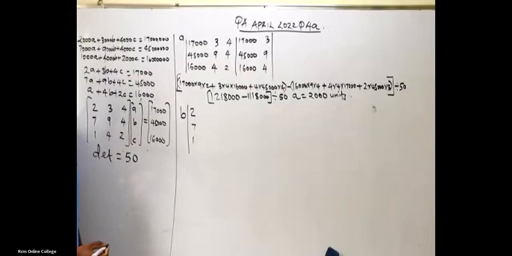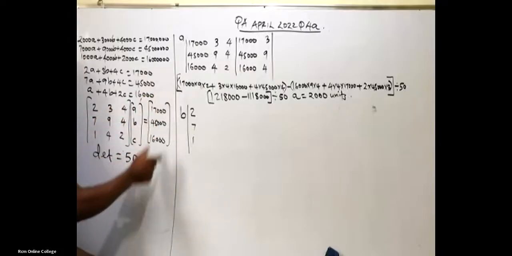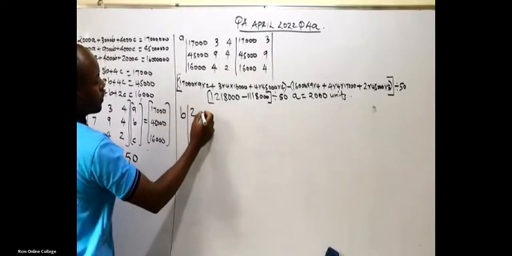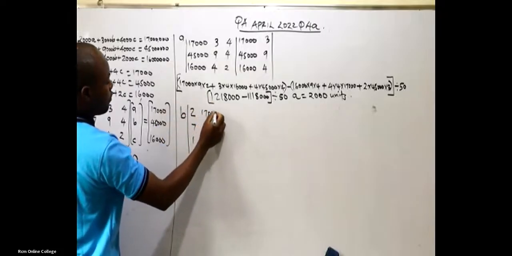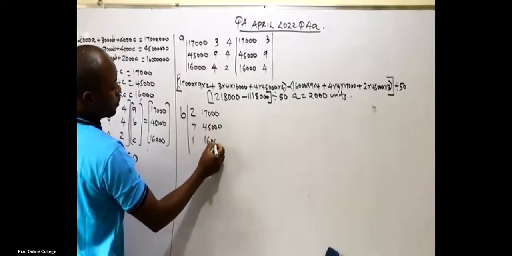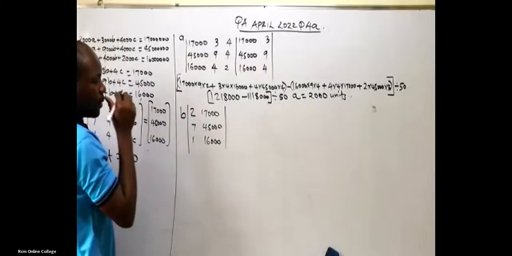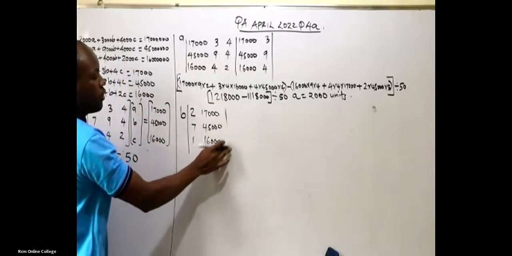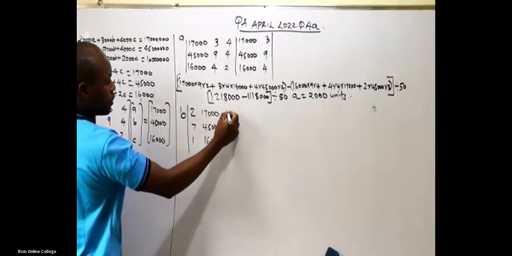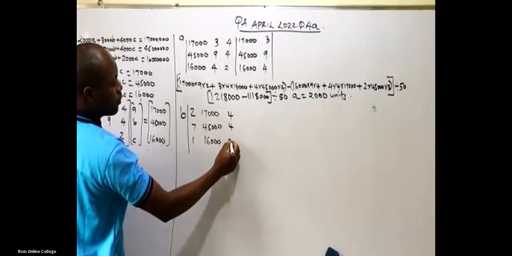We are replacing the second column with the constant, right? So we'll have the constant, which is 17,000, 45,000, then 16,000. Then I need to bring the third one. The third one is not replaced at this stage. You can only replace one at a time. So that is 4, 4, 2.